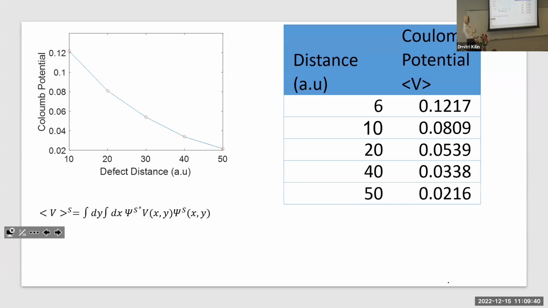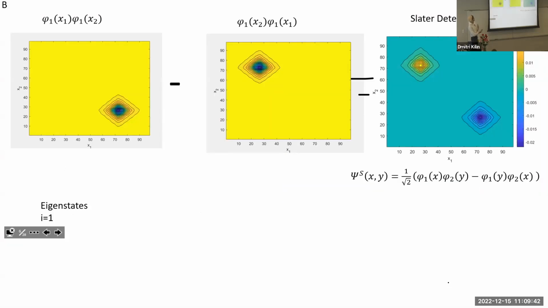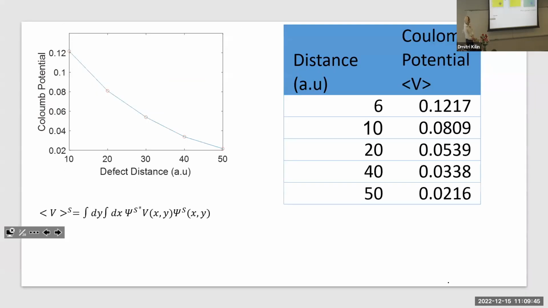So getting into the results based on what our Slater determinant shows: as the defect distance increases, our Coulomb potential, which is shown by our equation right below the graph, changes. These are the same, just one visualizes it a bit better.